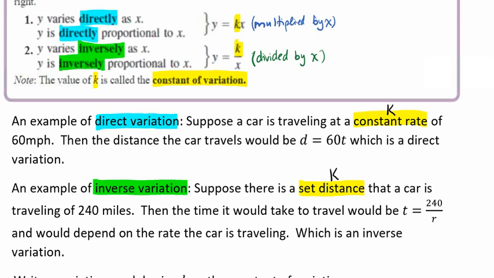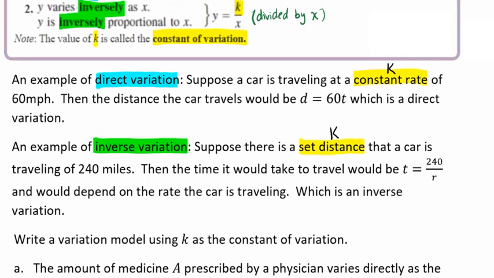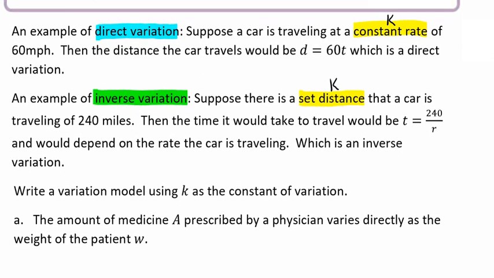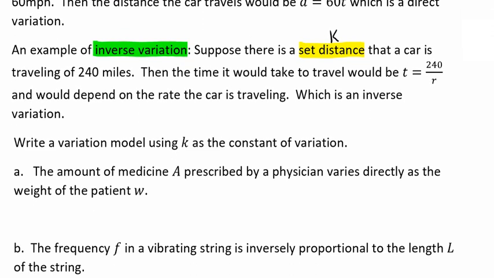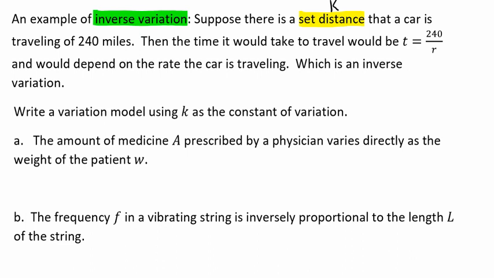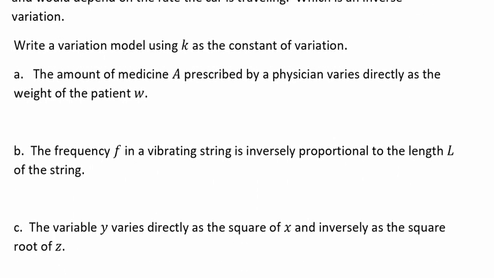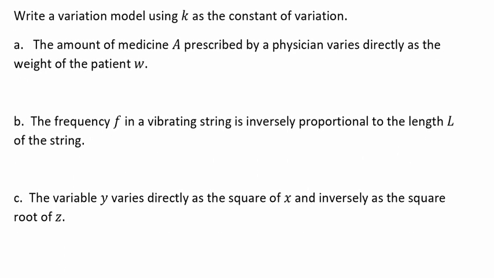Let's try some examples. We're going to write a variation model using k as the constant of variation. For A, it says the amount of medicine A prescribed by a physician varies directly as the weight of the patient.